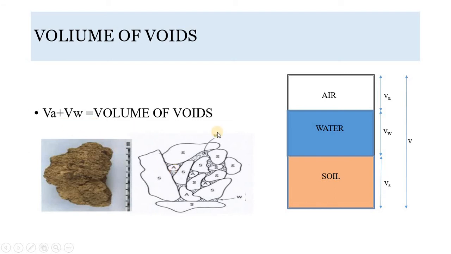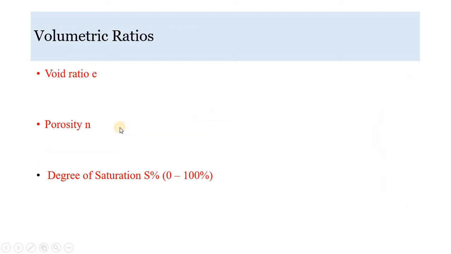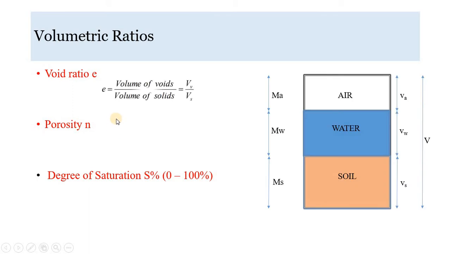Next, a volumetric ratio. Whenever we take the ratio of volume of voids to volume of solids, it is the void ratio.